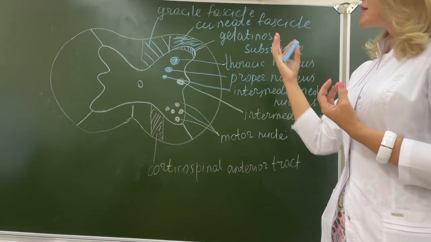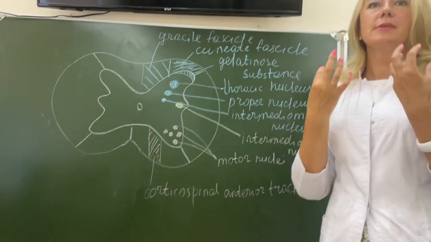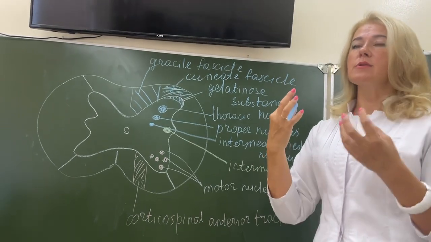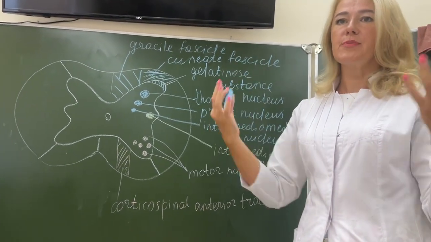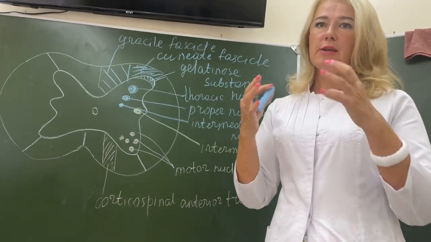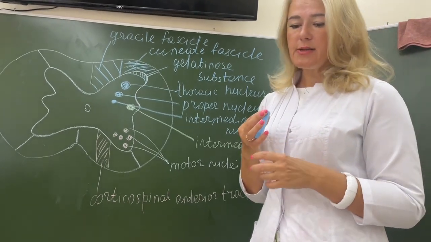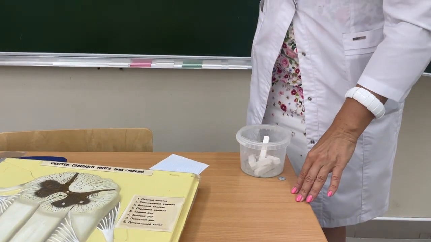Therefore, these fascicles are responsible for proprioception. It means that they recognize the position of our upper and lower limbs in space, in the environment, the position of the body in the environment, and also they recognize surfaces, tactile sensation.